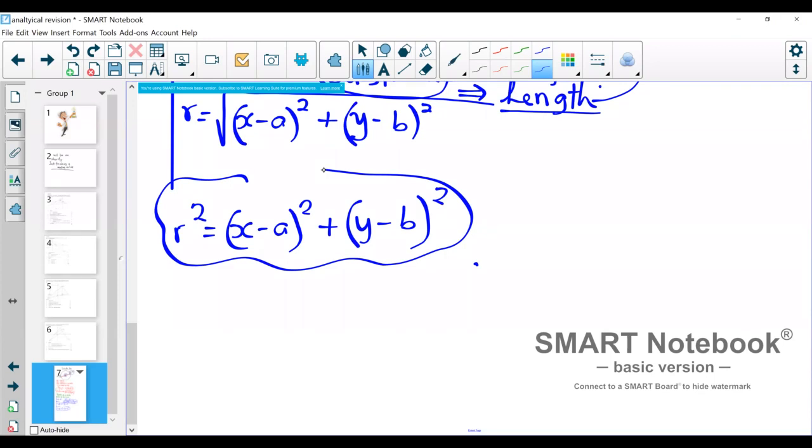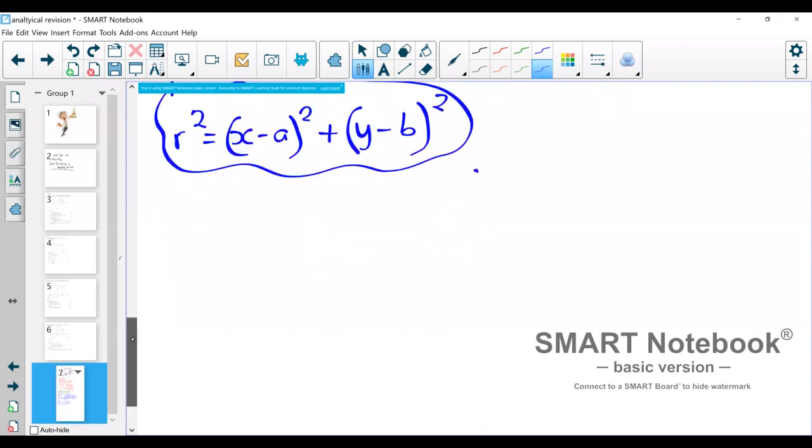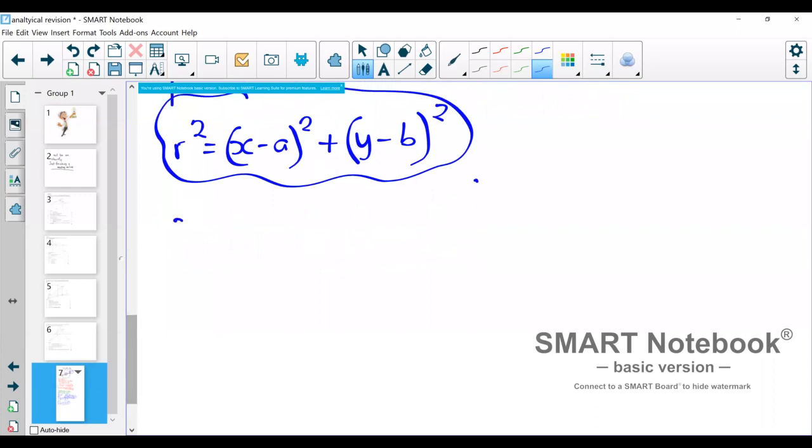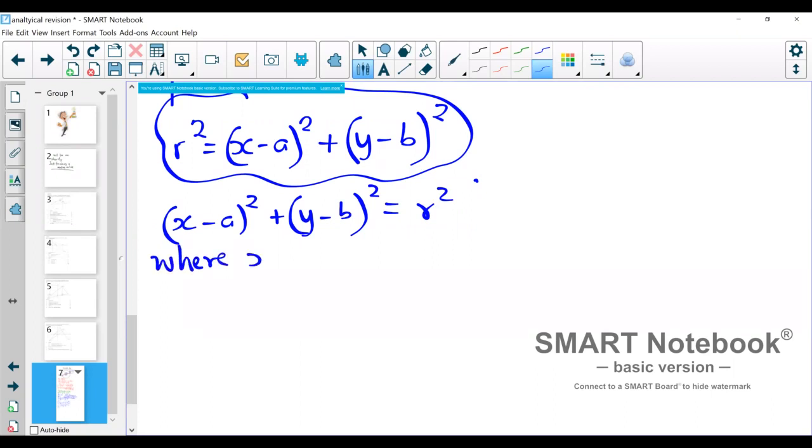Okay, let's quickly interpret all these variables. What are the variables? x minus a squared plus y minus b squared equals r squared, where x and y are the coordinates.